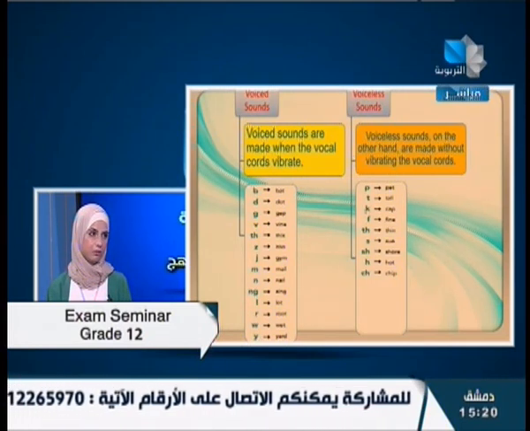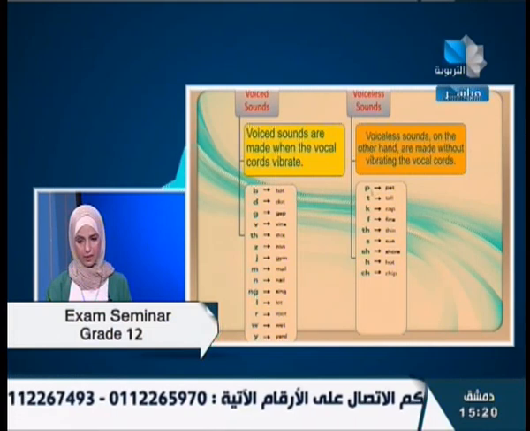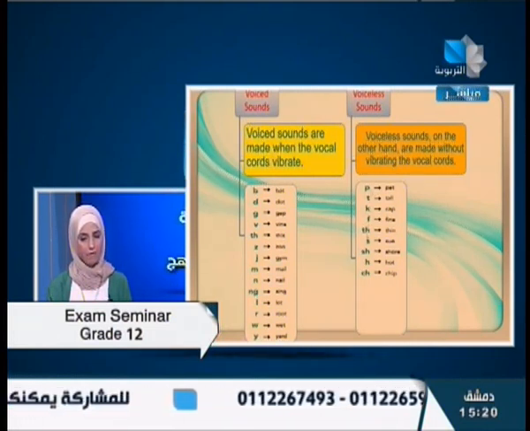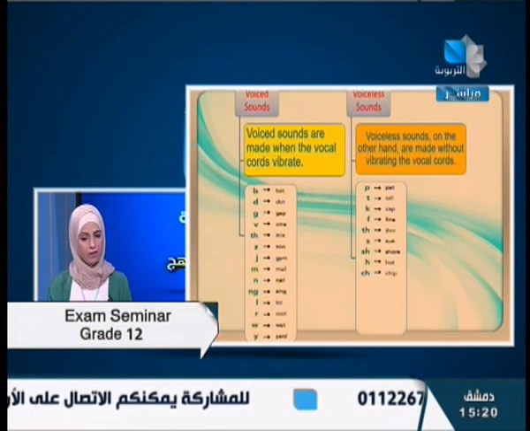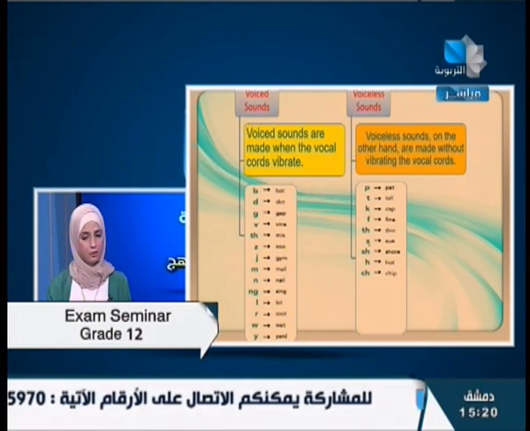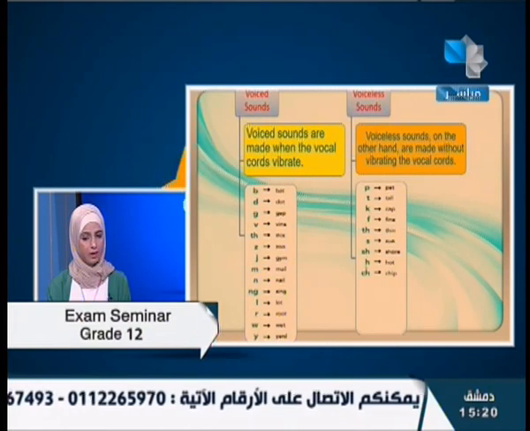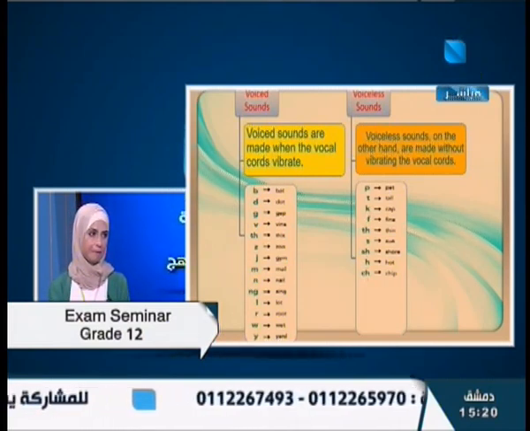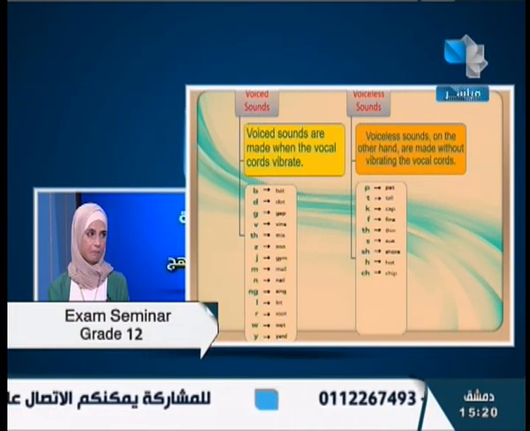All of them. And the voiceless: P, like pat; T, tall; K, cab; F, fine; th, thin; sh, short; H, hot; and ch, chip. Good. Let's remind the students that all vowels are considered voiced sounds.